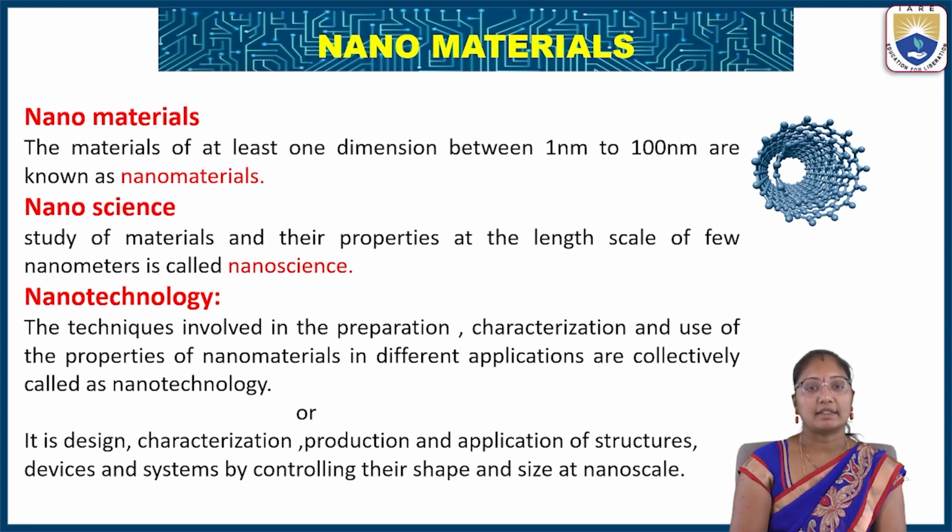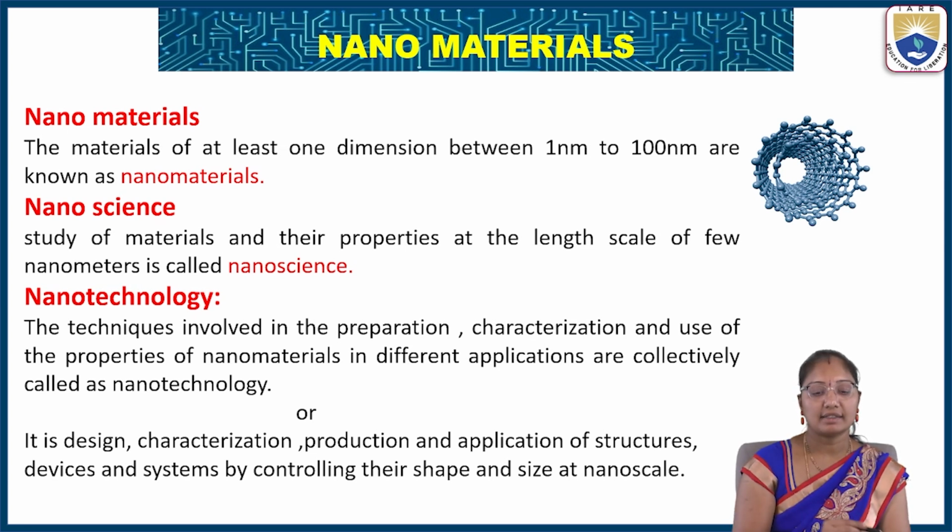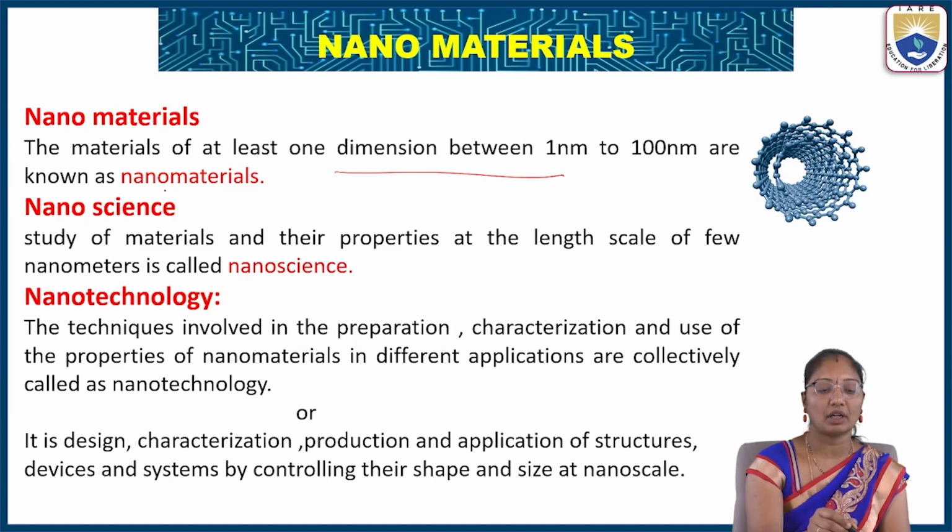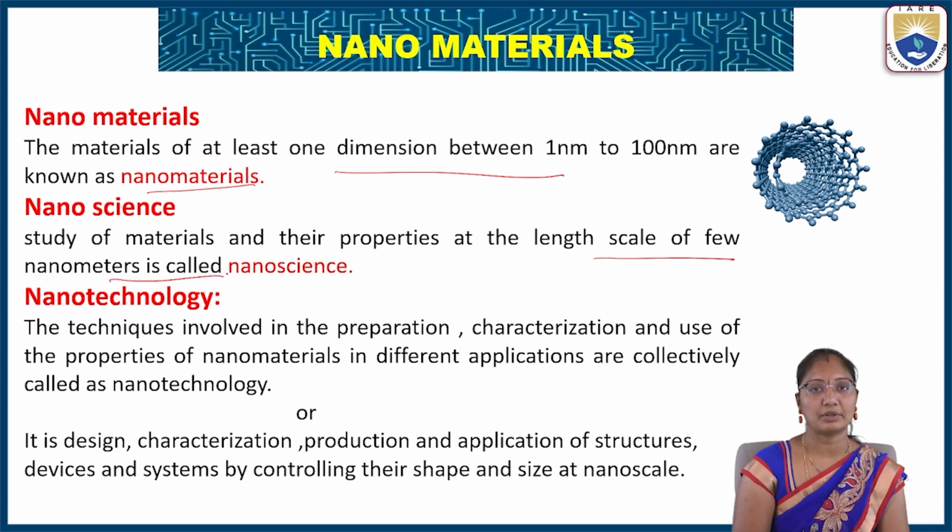Nanomaterials: the materials that have at least one dimension between 1 nanometer and 100 nanometers are called nanomaterials. The science which deals with their properties at a length scale of a few nanometers is called nanoscience. Nanotechnology is the technology involved in the preparation, characterization and use of the properties of nanomaterials in different applications.